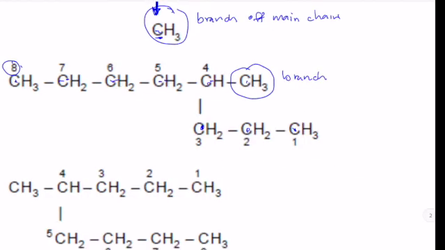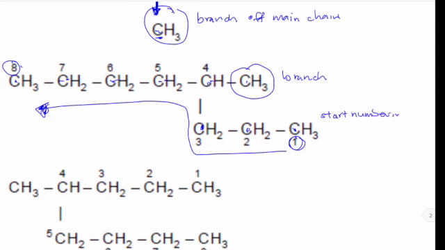The reason why this is counting here 8 carbons, starting with the number 1 and counting this direction, is because you want your number 1, your lowest carbon, should be closest to the end where there is the branch. So start your numbering from the end that's closest to the branch.